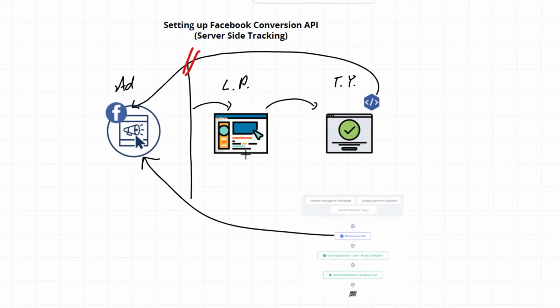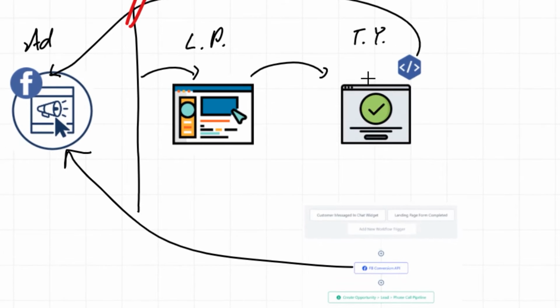It actually gets even better than that, because normally your leads come from the thank you page, so the Facebook pixel reports that someone just hit the thank you page.